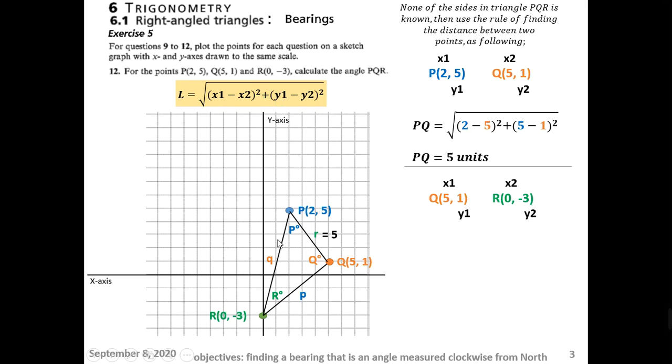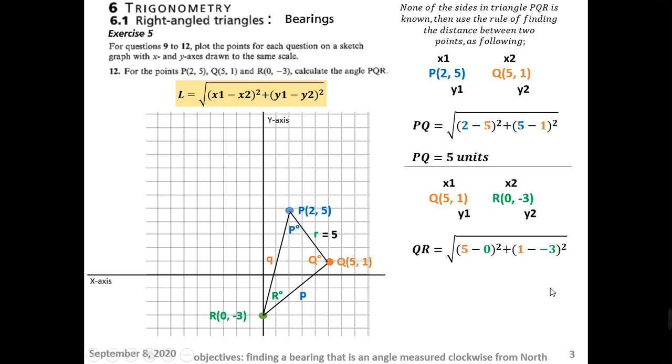So we're finding the length of QR is equal to square root of the difference of the x's, 5 minus 0 all to the power of 2 plus 1 minus -3, because the first minus, which is in black here, is part of the rule or of the formula, the general formula, and -3 is the value of y2.